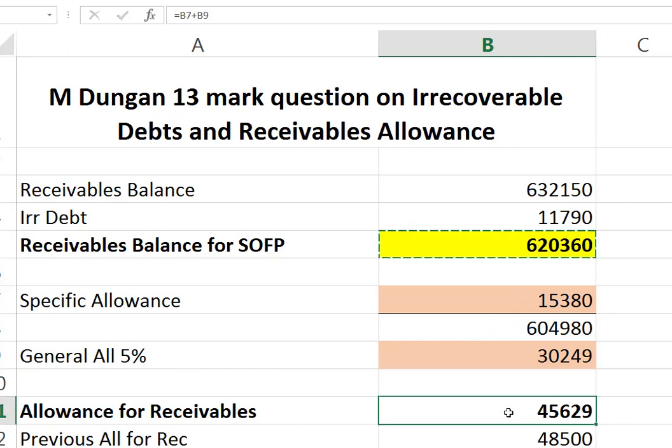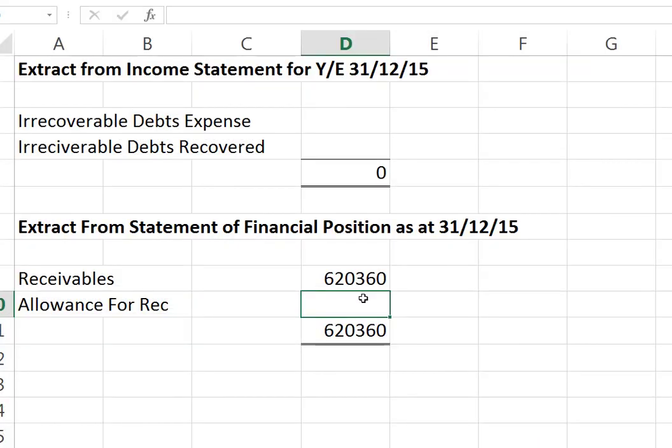General allowance for receivables is this figure. So that is, pardon me, because that's a minus. That is what you would see in your statement of financial position as it relates to your receivables. Okay, so we're happy enough with that.